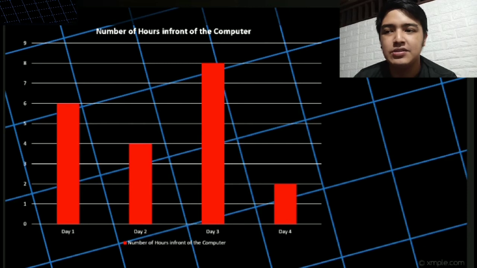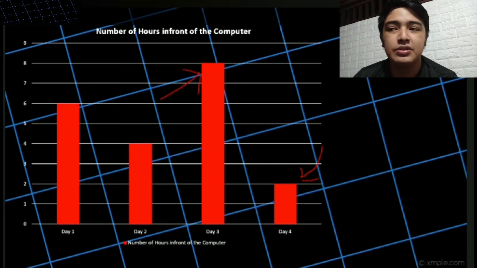And on the last day, the student only used the computer for 2 hours. So the longest time the student was in front of the computer was on day 3, and it was 8 hours. And the least number of hours was on day 4, because he was only in front of the computer for 2 hours.